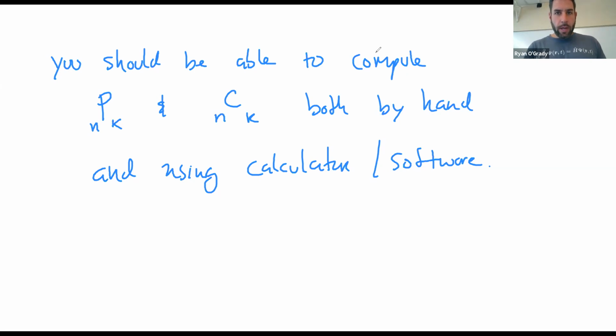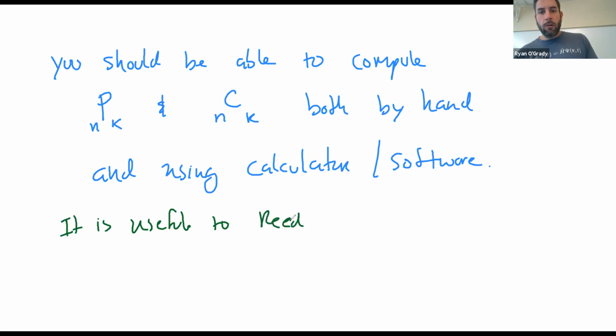And by the way, for the combinations, it might be useful to read this guy as n choose k.